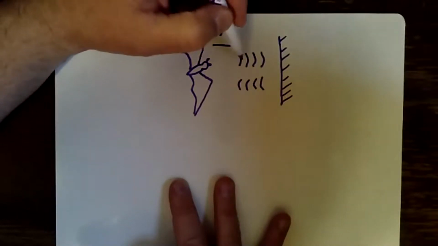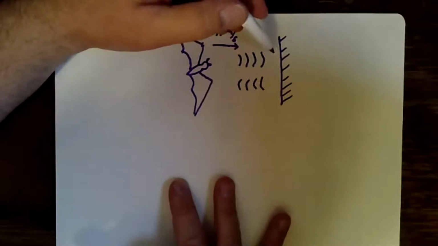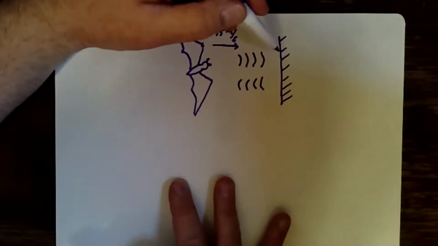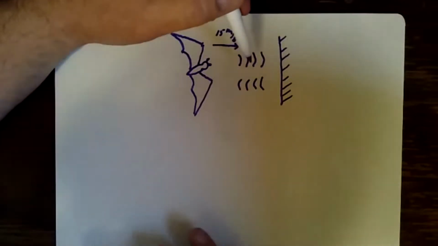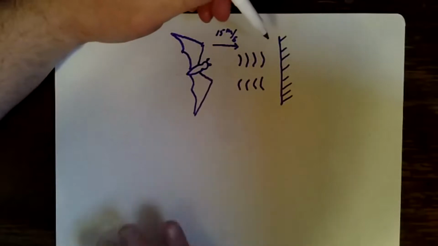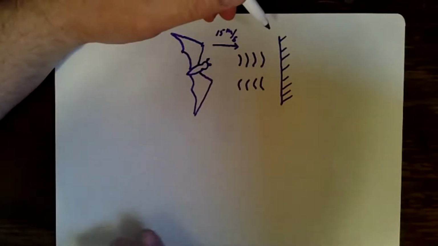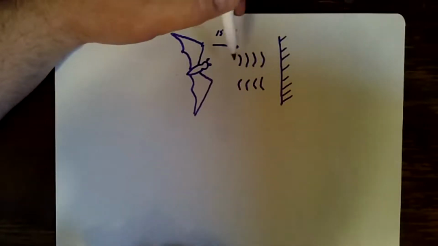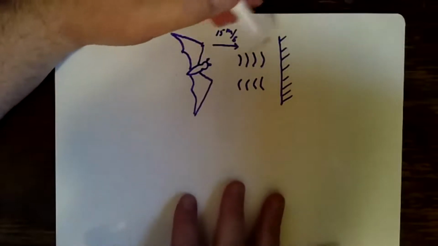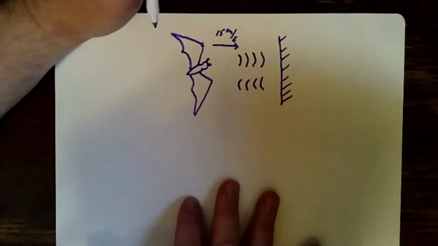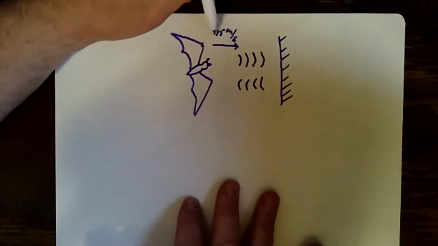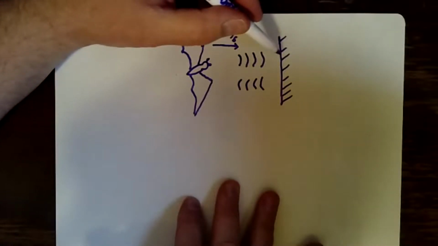They can also determine the speed of their target, their prey. Like if people are playing sports, passing a ball from one person to another, you sort of have to lead them if they're running. And bats actually track their prey like that. They can anticipate which way they're going. Very successful. Now, they're going at 15 meters per second towards this wall.